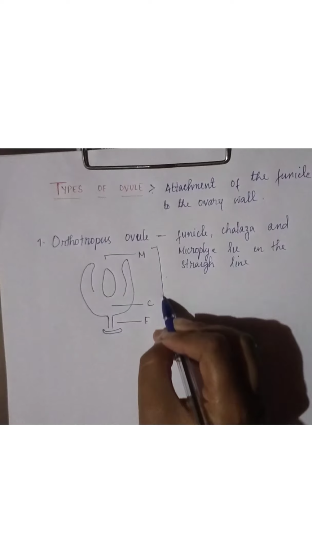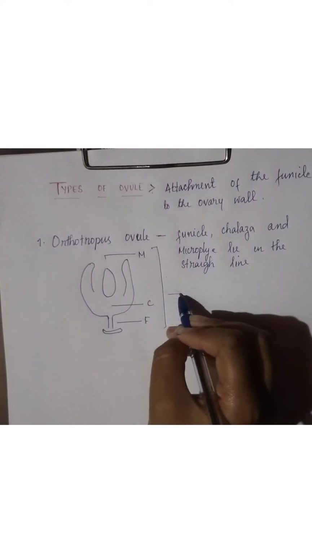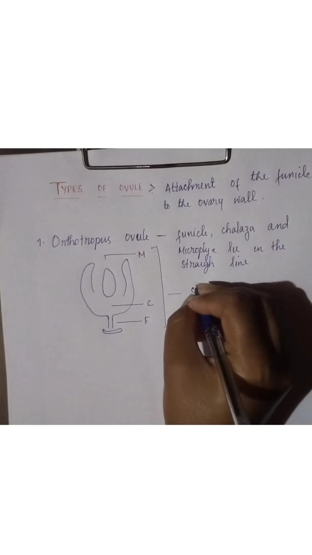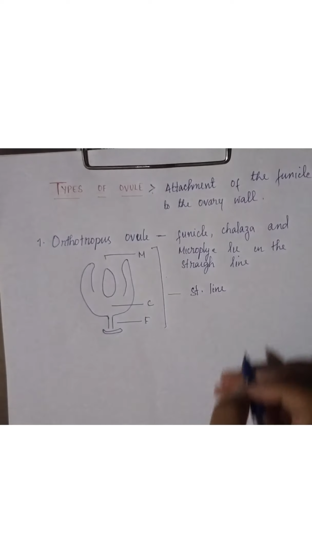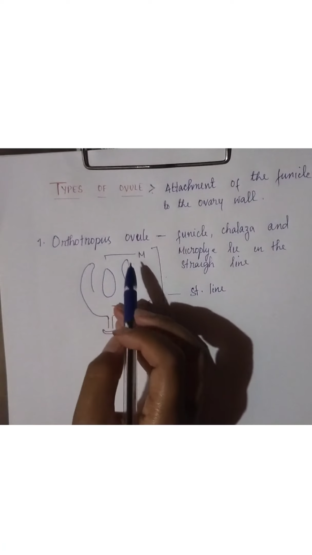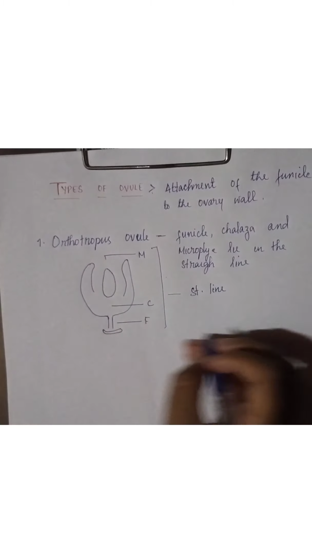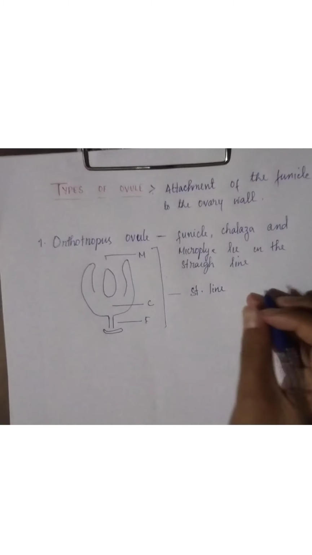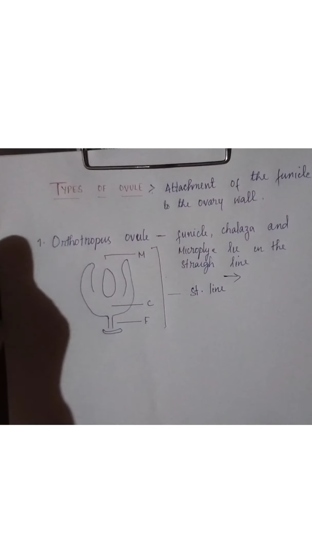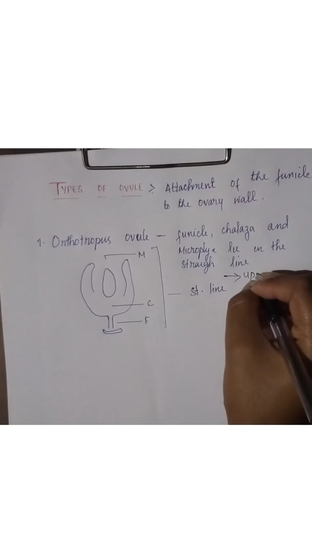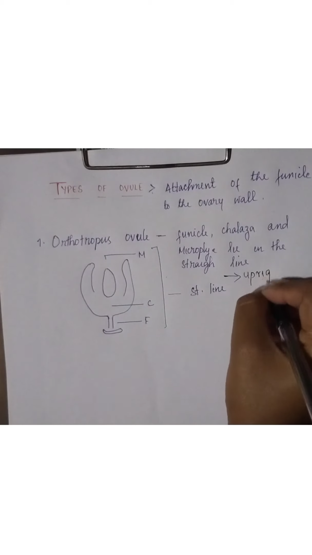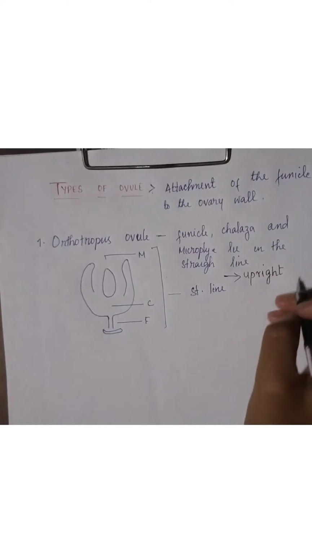The micropyle, the chalazal, and the funicle are in a straight line. We can also say that an orthotropous ovule is upright. U-P-R-I-G-H-T, upright.